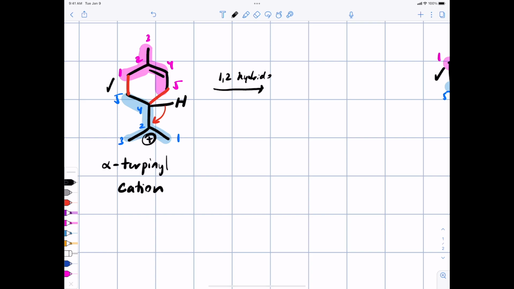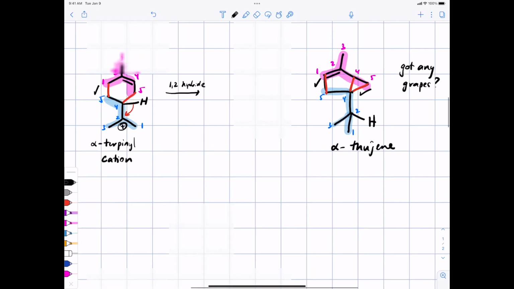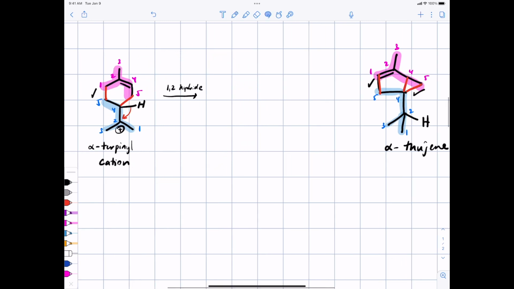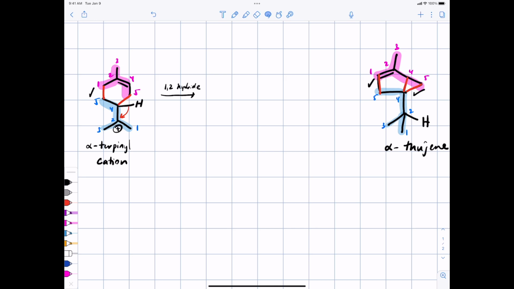I wouldn't have asked you to predict whether or not that would happen, but given the observation that it does, could you figure out that it was necessary in order to get the right connectivity? That's the kind of thing that I'd expect you to be able to do. In other words, you didn't have to predict that it would happen. The connectivity in the product tells you that it must have happened.